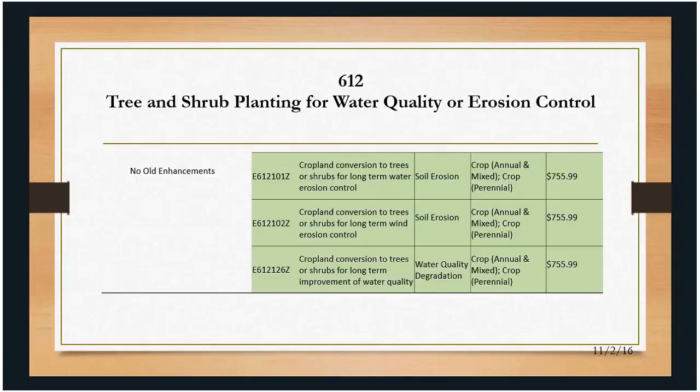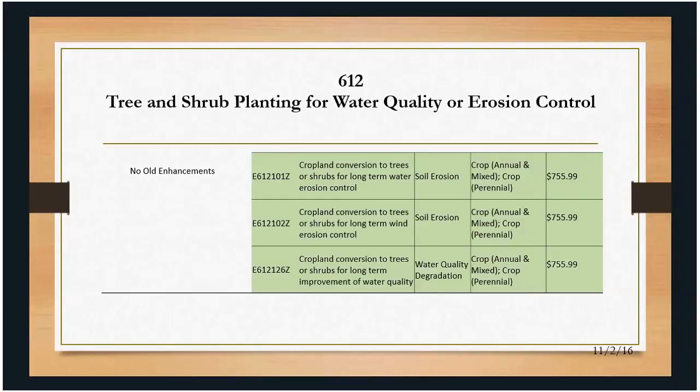The next set are 3 that have no old enhancements that tie back to. These are all for conversion of cropland to trees or shrubs. So just like we had the practice before in 512 where you could take cropland and convert it to grass-based agriculture, here are 3 enhancements where you can take cropland and convert it to trees and shrubs.